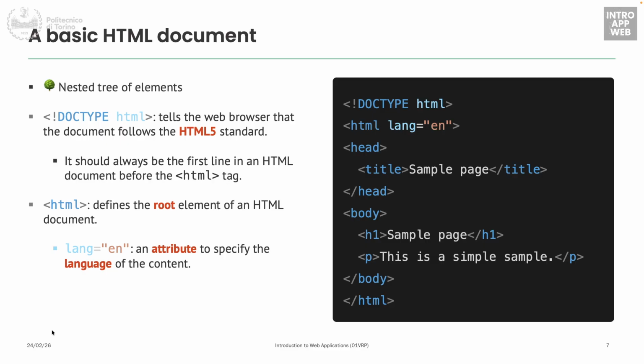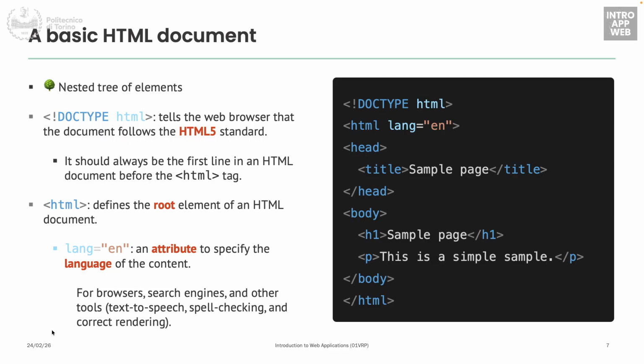Does it mean that if you write that language as English, then all of the information will magically be written in English? No. It is something that we declare. It is metadata that we give to the browser or to the search engines, so that they can offer services based on our language, okay? So it is for browsers, search engines, and other tools, like the ones you mentioned, like spell checking, translation, and those kinds of things.